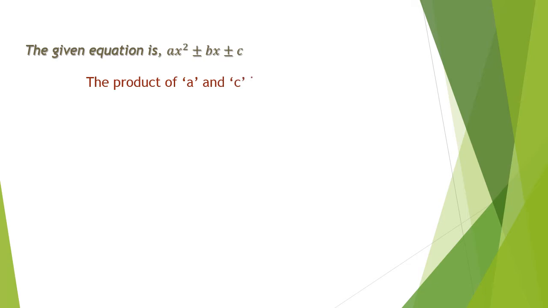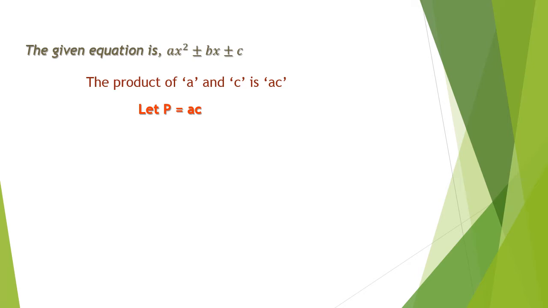Now there is an interesting thing. In the given equation ax square plus minus bx plus c, the product of a and c is just ac. Now if these were numbers, we would get a single value, but right here you have to understand that the product of a and c is just ac. Now suppose P is equal to ac.